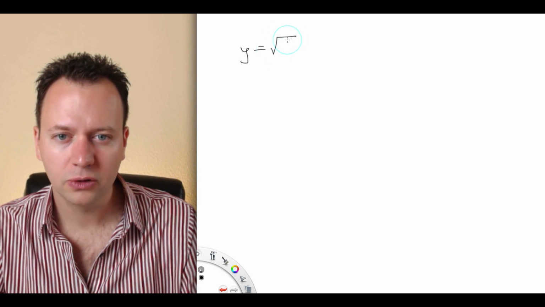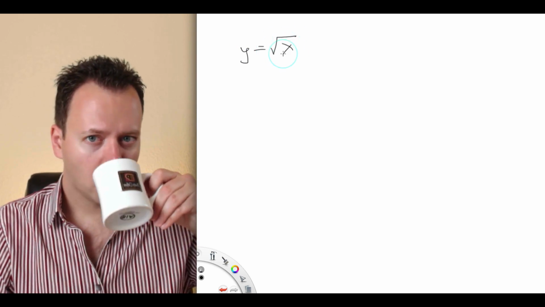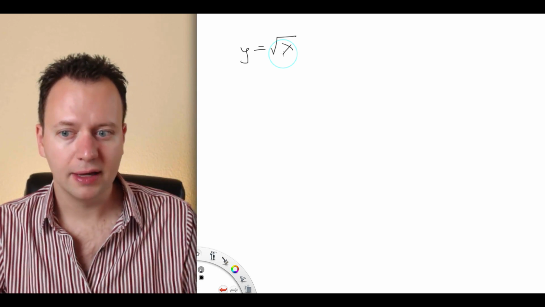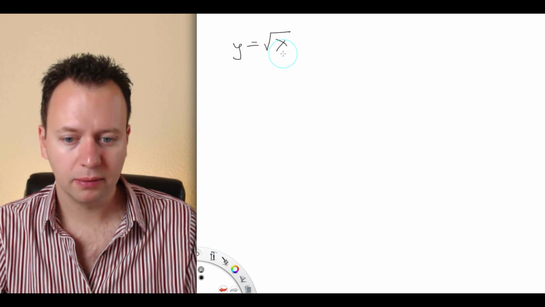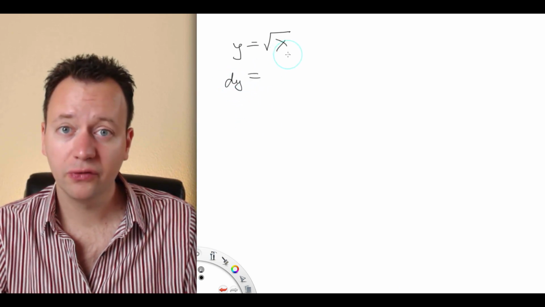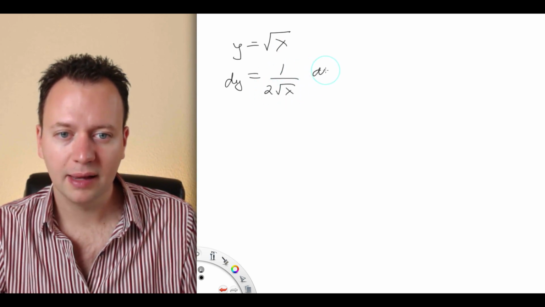So let's do an example. Suppose we have y is equal to the square root of x. The differential: dy, the derivative of square root of x, is 1 over 2 root x times dx.